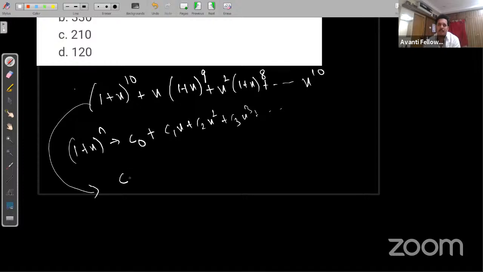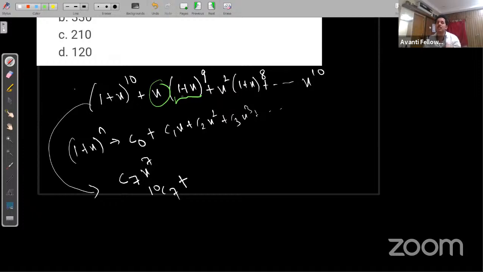It is C7 into x power 7, right? So it is 10C7, okay, plus now try to think here, simple logic here, x into this one. So what will be your coefficient here? For 1 plus x whole power 9, x power 7 coefficient is 9C7, that is okay.